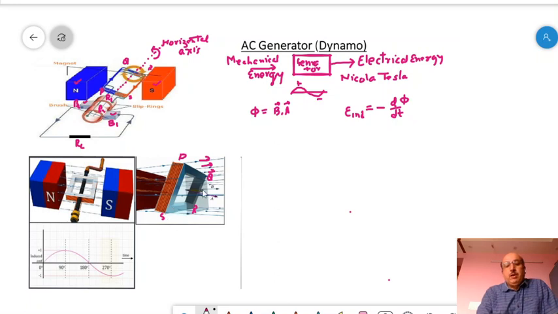The magnetic field intensity is B, and here is the direction of the area vector for the coil, and the angle between them is theta. So the flux phi will be BA cos theta.